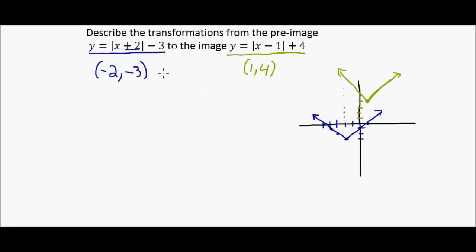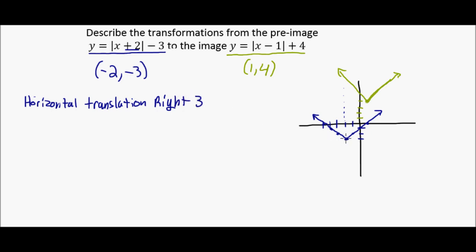The only thing I'm going to need is translations. There's no dilation or reflection. So I'm going to have to go over a certain amount. Let's see. I'll have to go over, so to the right, 1, 2, 3. So that's a shift to the right 3. So that's a translation. So horizontal translation, right 3.